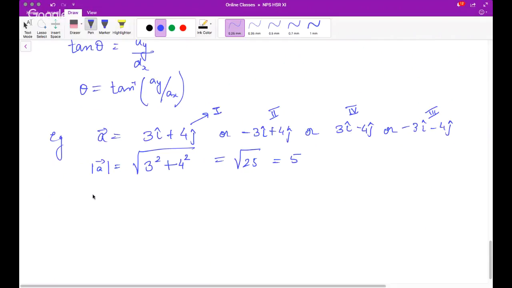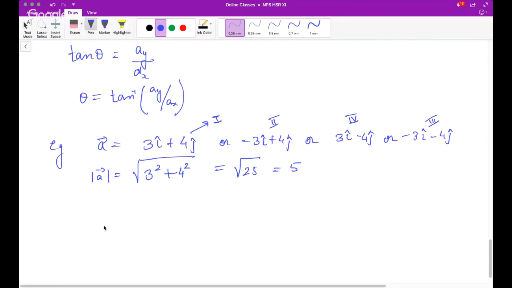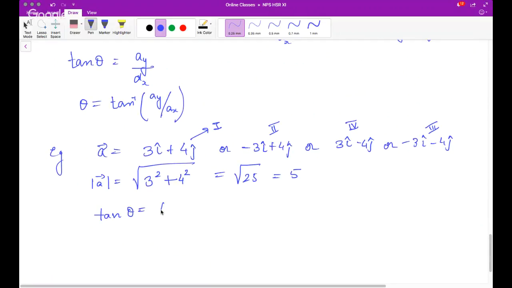Let's say this vector makes angle theta with the x-axis. Then tan theta is given by 4 upon 3. But in different cases, in this case it will be 4 upon minus 3, here it will be minus 4 upon 3, and here minus 4 by minus 3. So you will get different directions as well.